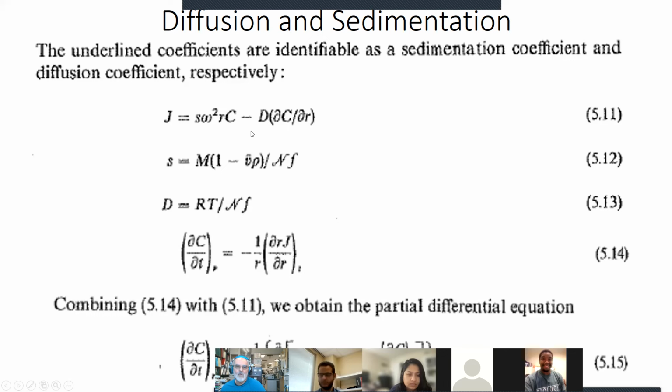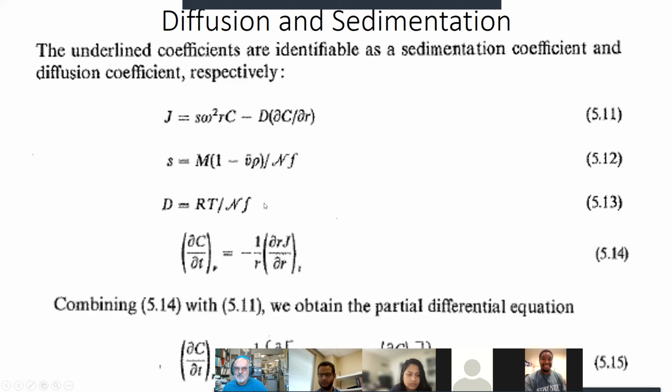Okay, and then we can plug the flow into what we called previously the continuity equation. dC/dt at constant r is equal to minus 1 over r, ∂(rJ)/∂r at constant t. The 1 over r is because it's a sector-shaped cell. So we're correcting for the change in volume at higher r.